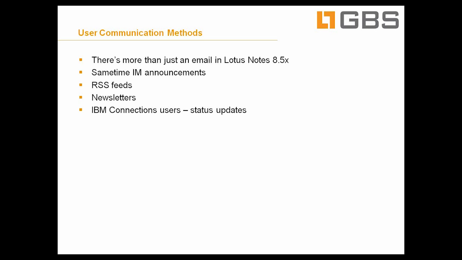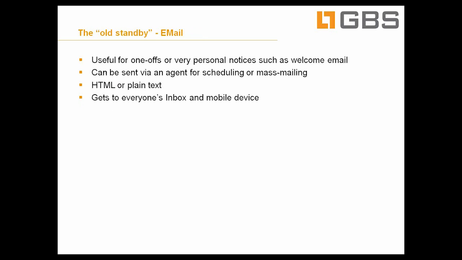You can do newsletters from Notes databases, a tips database or something like that. And then finally, if you're using IBM Connections, there's the ability of doing status updates. Everybody is increasingly familiar with social networking, and especially Twitter. Send a quick message out in a short burst. Connections has that feature in it that you can take advantage of.